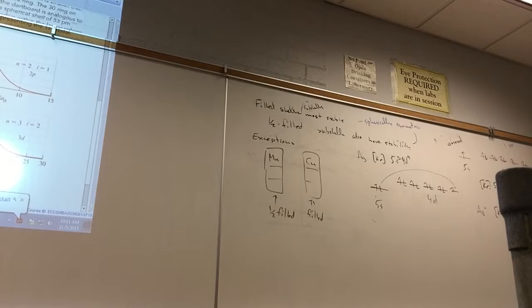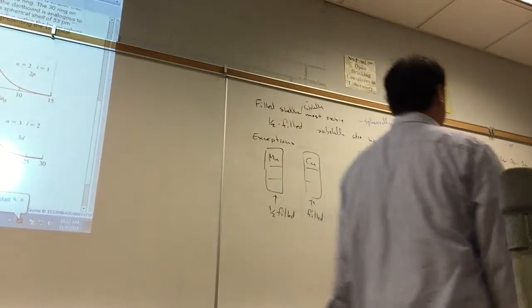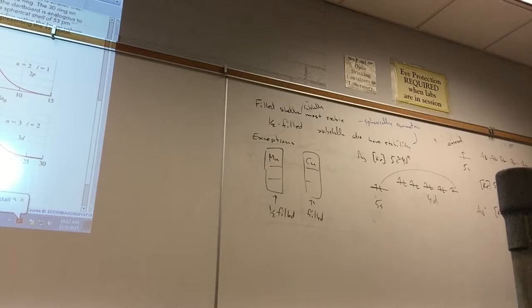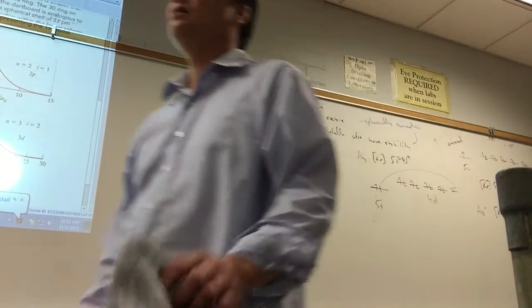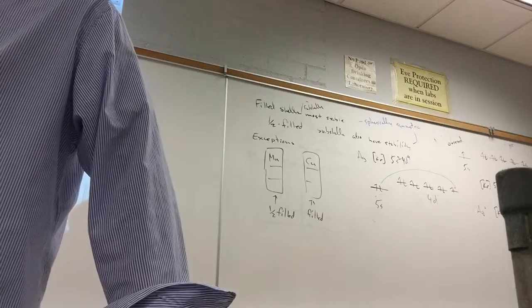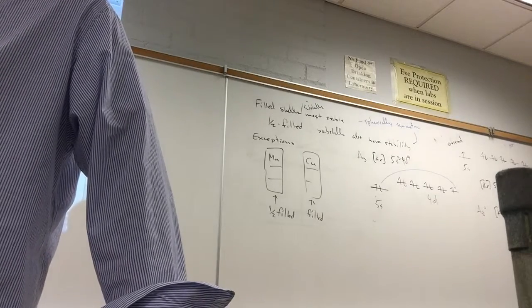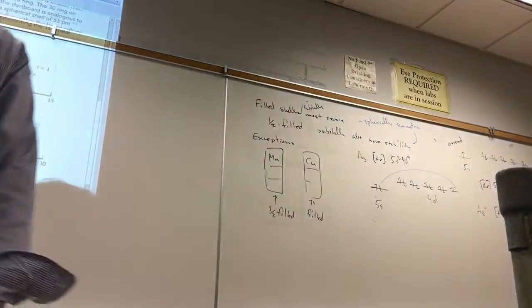Chromium, +2, +3 are the free ions. And then in compounds, you could have +4, +5, +6, etc., where you apparently lost all those D's. But as a free ion, you can't have those high oxidation states. Cobalt's pretty interesting. Cobalt 3+ is a very powerful oxidizer. Cobalt 2+ is pretty stable.